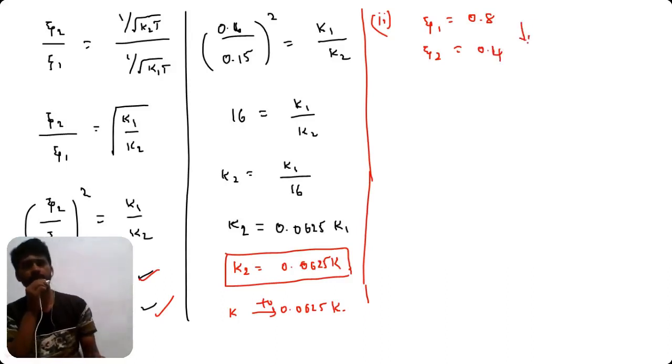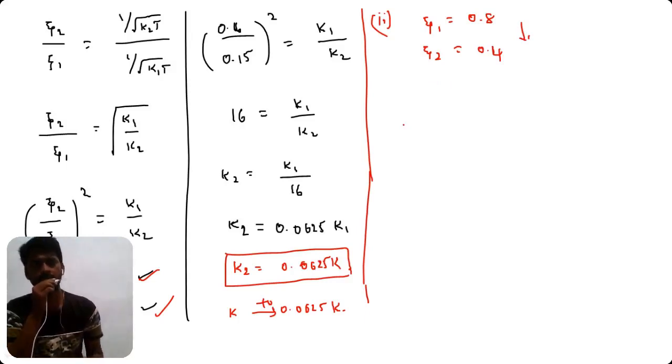Then what is the change in time constant capital T? In this case we are keeping the gain value K constant.